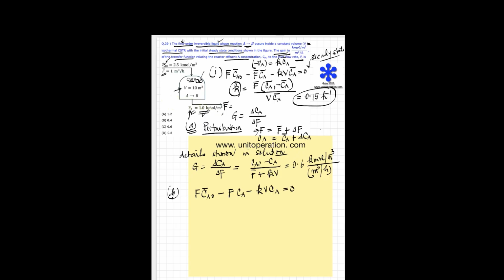So C_A is going to be equal to C̄_A0 divided by 1 plus k V over F.